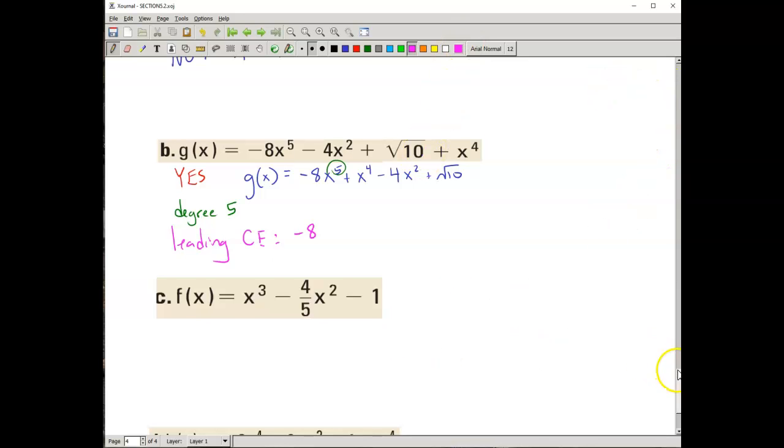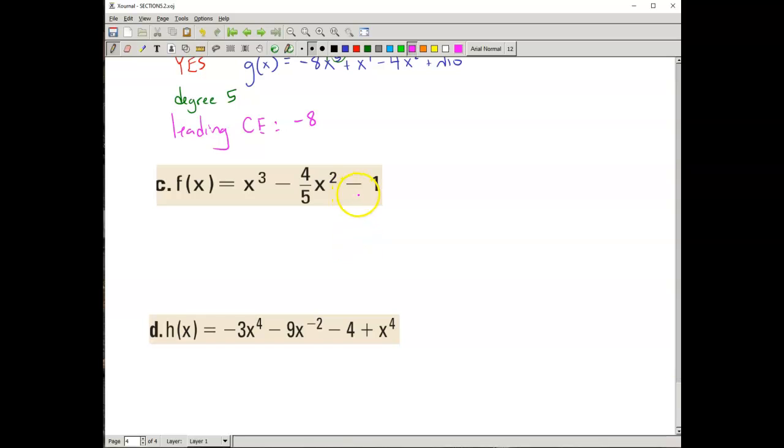All right, looking at C, we have x cubed minus 4/5 x squared minus 1. And so we look at this, and yes, this is a polynomial. It's already written in standard form. You can see that the exponents here are going down. We have the x cubed term, then we have the quadratic term, and then we have the constant term going from highest exponent down to lowest.